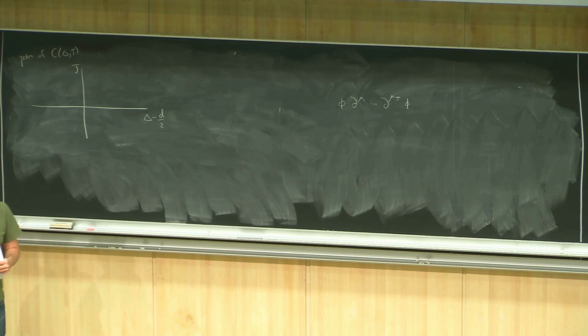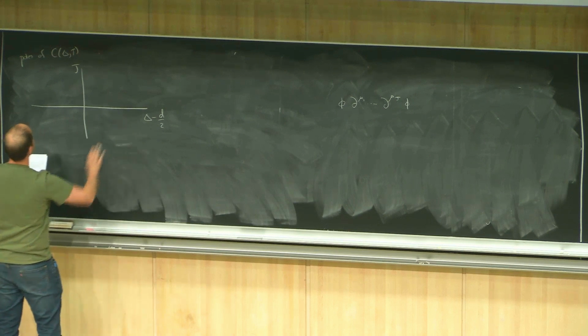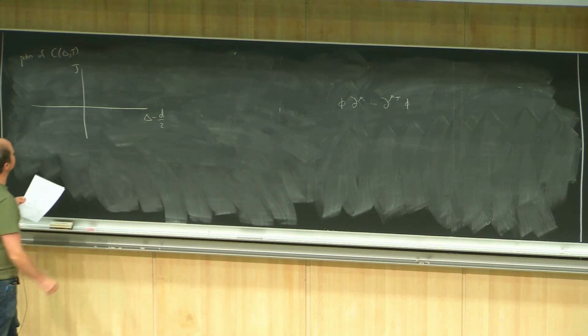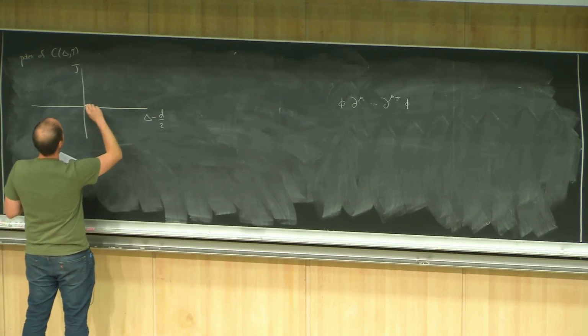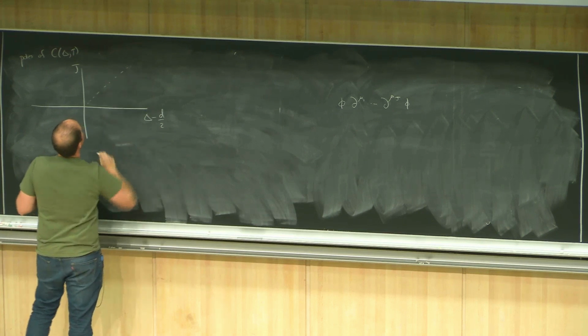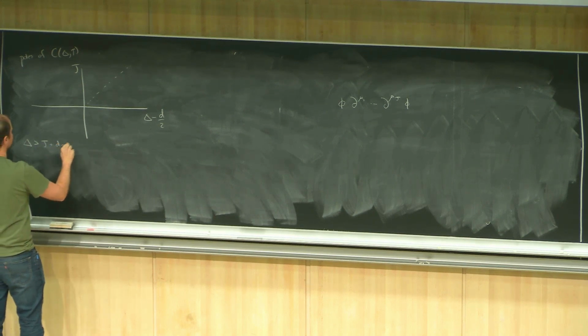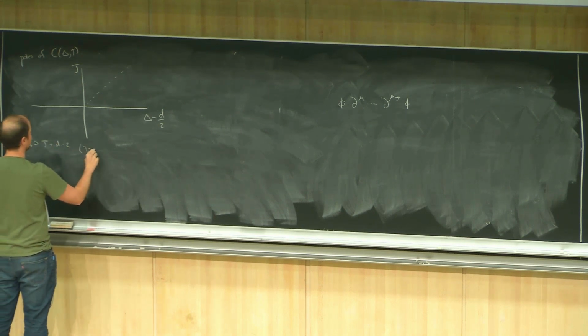Any other questions? Okay, so one can make this plot. On this plot there's a unitarity bound that says that for local operators, delta is bigger than j plus d minus 2, when j is bigger than 0, say.